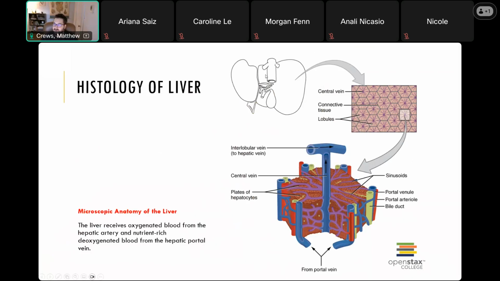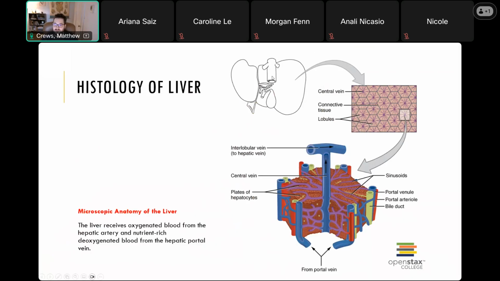This right here is your vena cava. It's the least oxygenated blood in your whole body, almost, and it's the most nutrient-rich blood in your body.